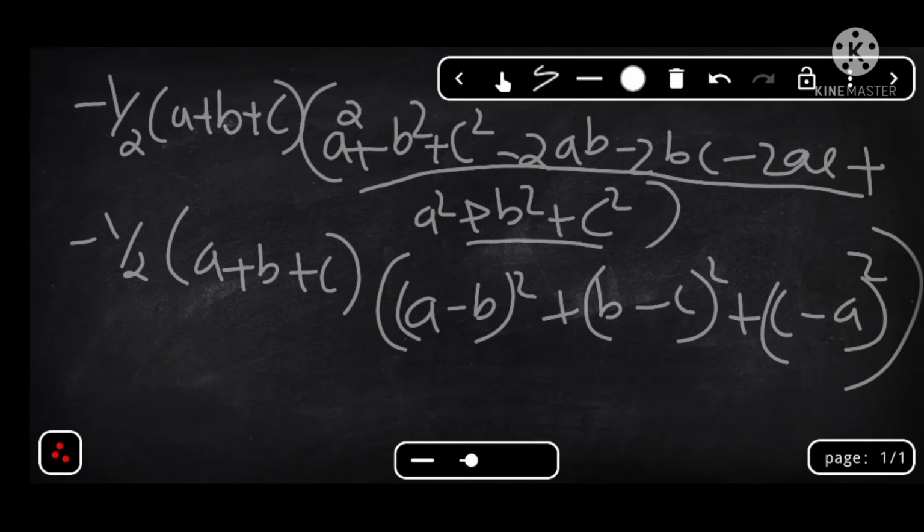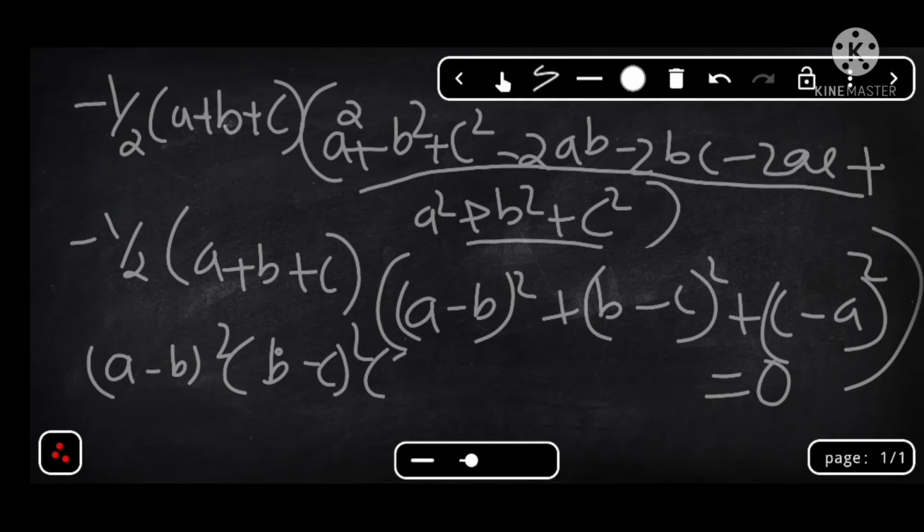Now this whole determinant is 0, right? It is given as 0. So if it is 0, then also we know that a plus b plus c is not equal to 0. So we can write that a minus b whole square, b minus c whole square, c minus a whole square is equal to 0.